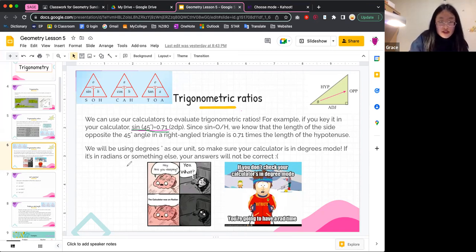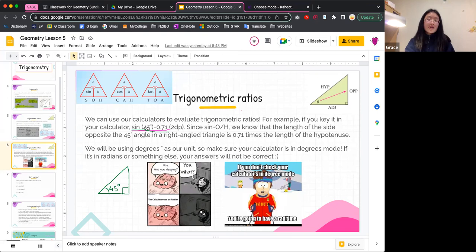this doesn't really say much on its own, so we'll draw a triangle to help us visualize what's going on. If we have a 45-degree angle here, then the sine ratio is telling us that the opposite side, this is the opposite side, this is the hypotenuse, is going to be 0.71 times the length of the hypotenuse.